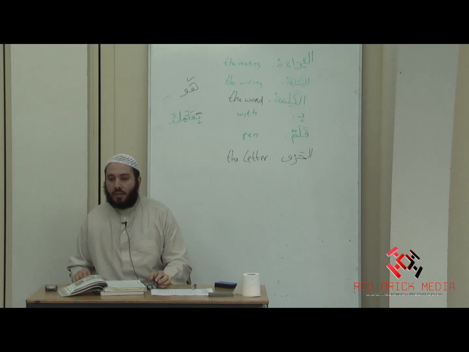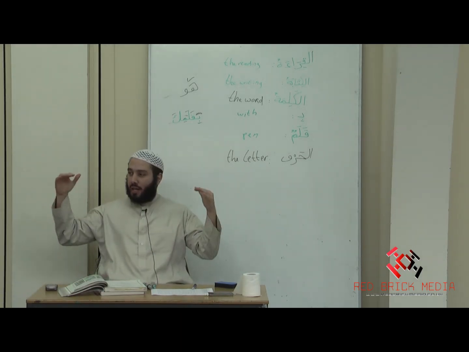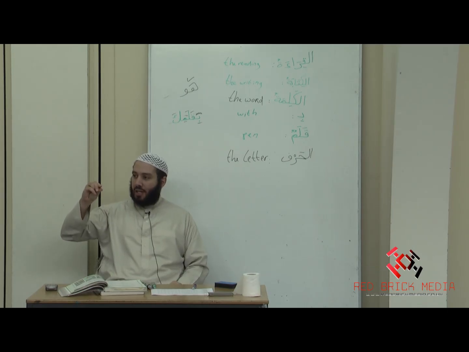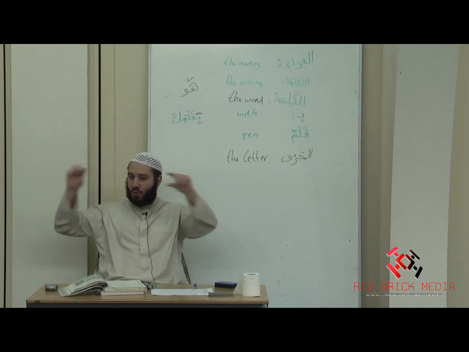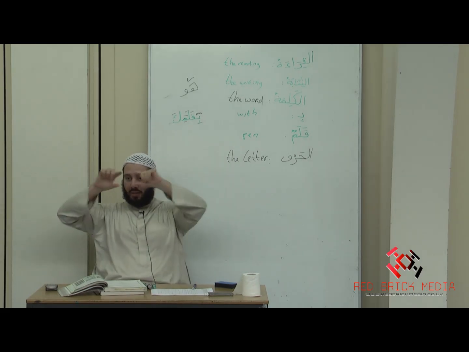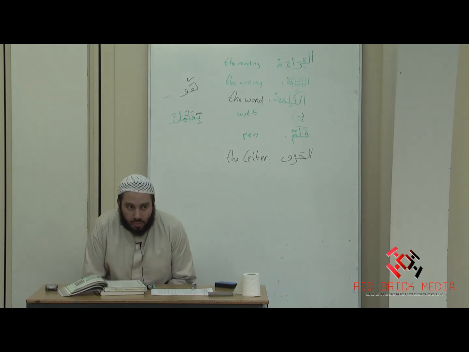Al-jumlatu, the sentence. MashaAllah. So you know now, in any language you have harf, then a bit bigger, the kalima, the word, and then we have the jumla, the sentence. So these are the three things we have in any language in the world.